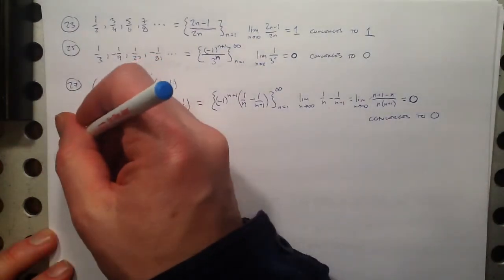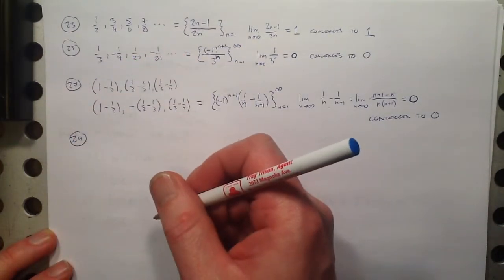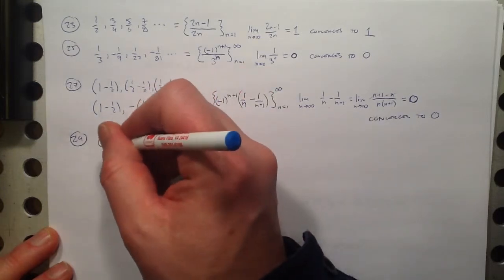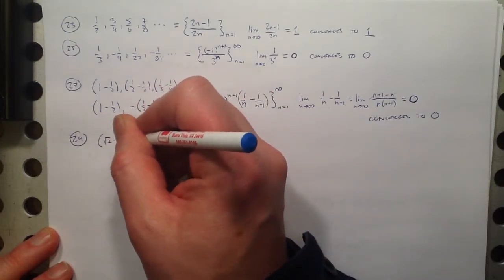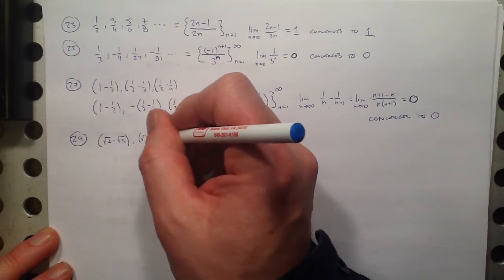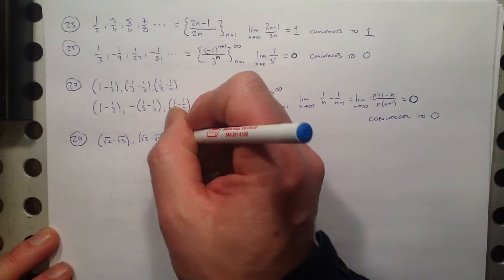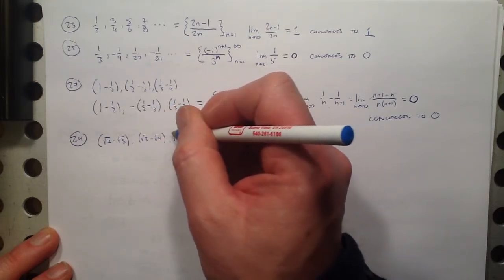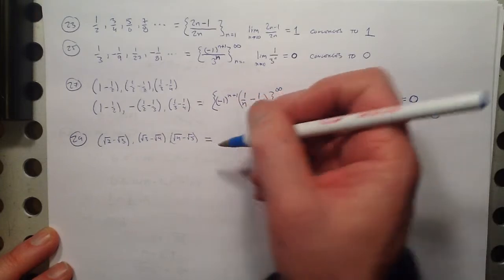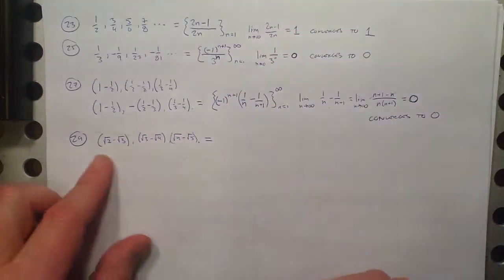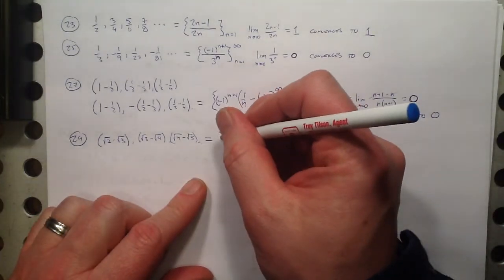And last, we have the square root of 2 minus the square root of 3, and then the square root of 3 minus the square root of 4, and then the square root of 4 minus the square root of 5, etc. So what's that in general?